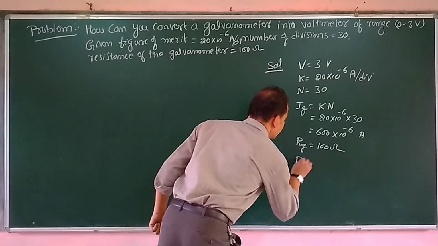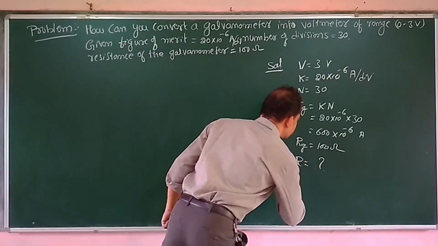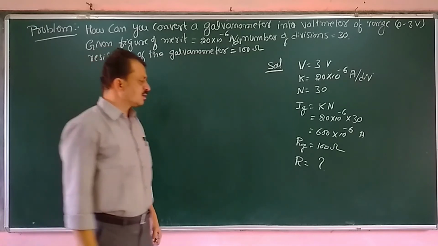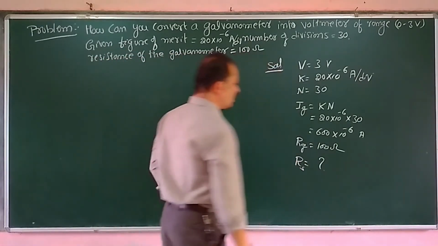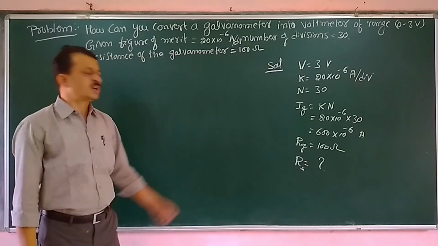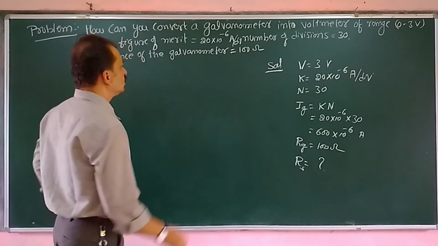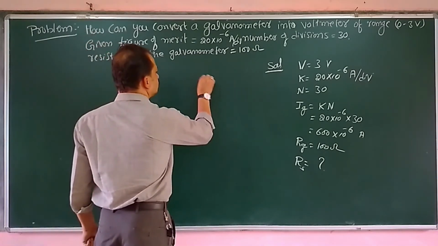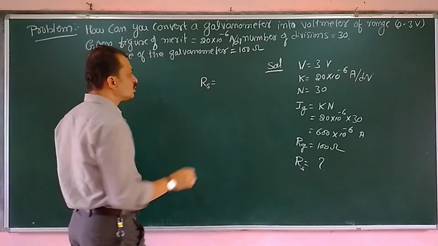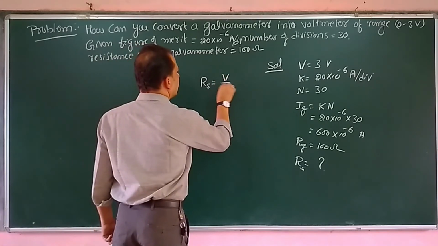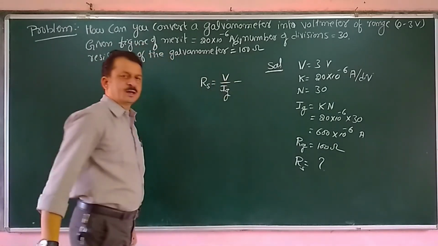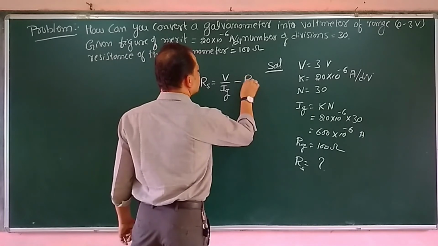First we have to calculate what is that high resistance Rs to be connected. Now we know the formula. Rs is equal to V by Ig minus the resistance of the galvanometer.